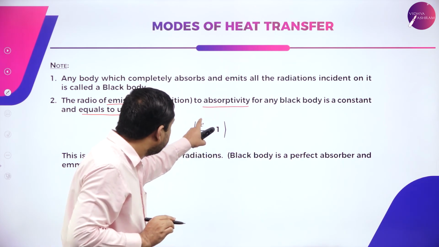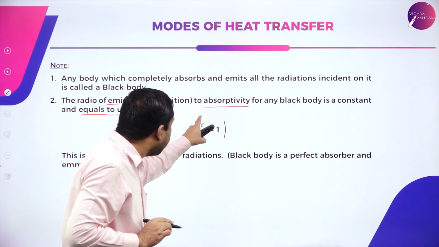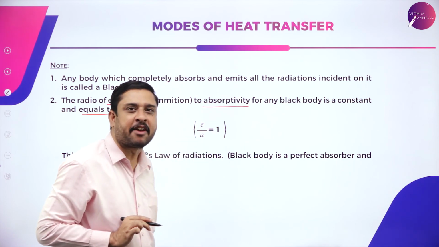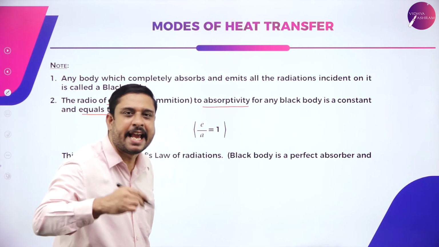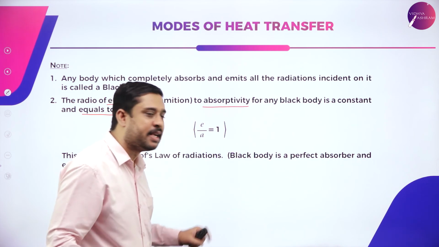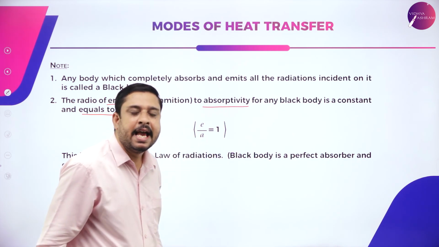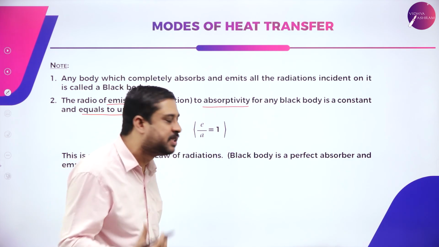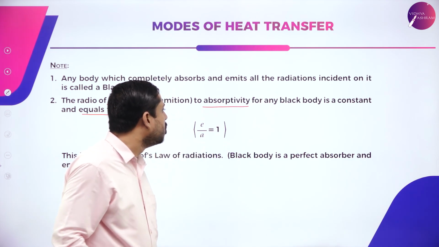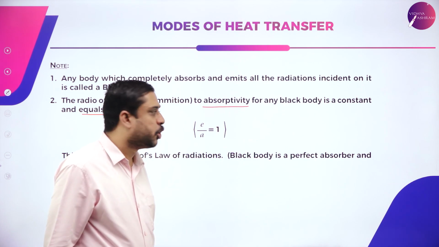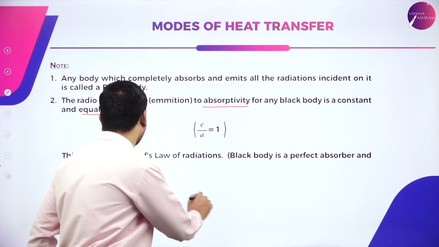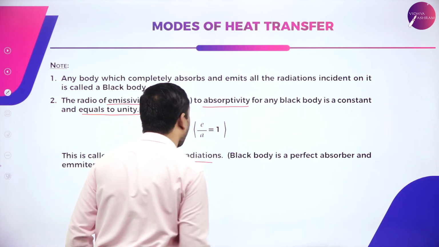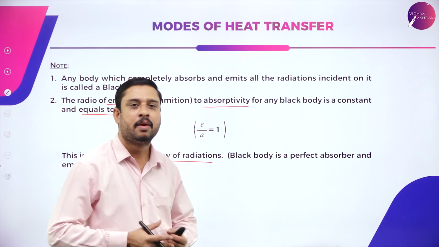E is the emissive power of the surface, how much radiations it can emit. A, absorptive power, how much radiations it can absorb. That ratio is always equal to 1, and this is called Kirchhoff's law of radiations.